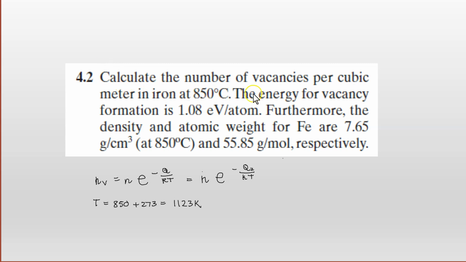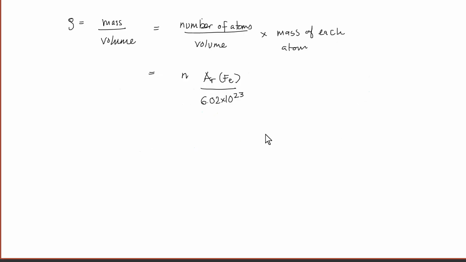We're required to calculate the number of vacancies per cubic meter, so we do need to convert this. So 7.65 grams per centimeter cubed.